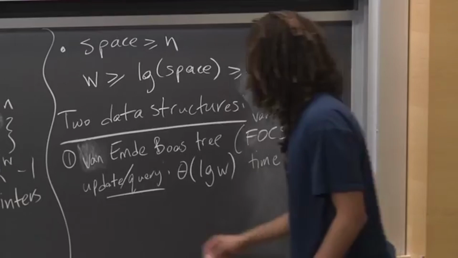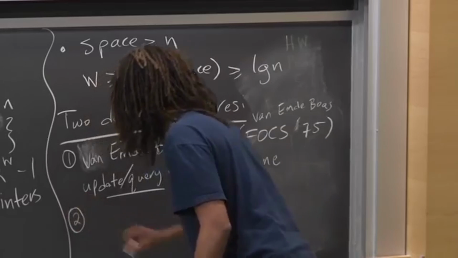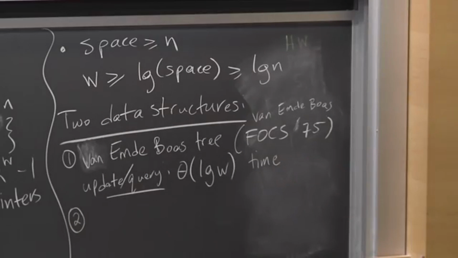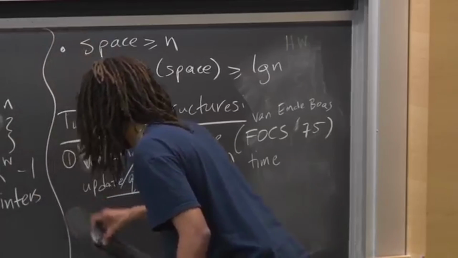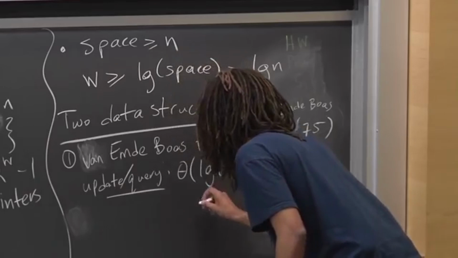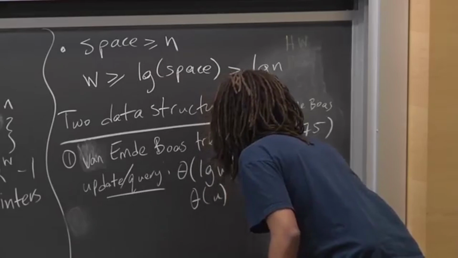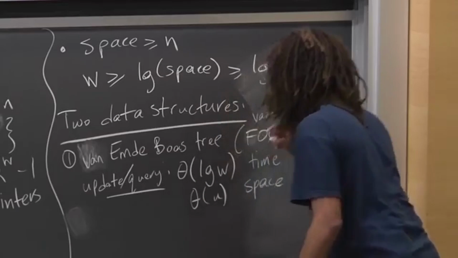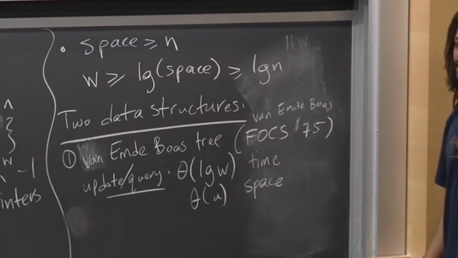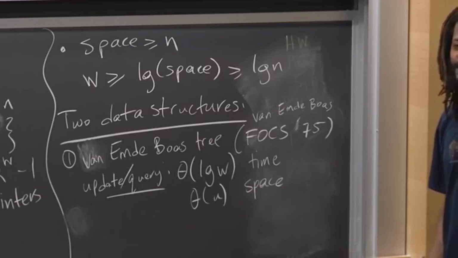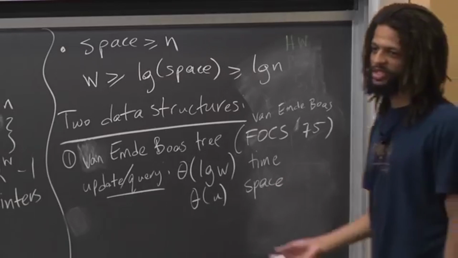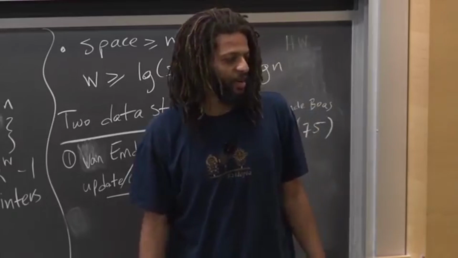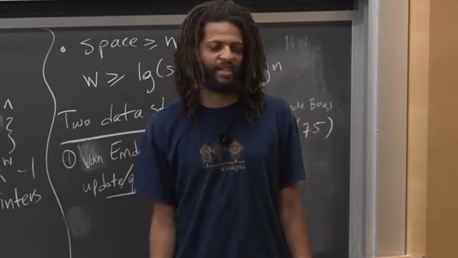The unfortunate thing, though, is that the space is going to be u. And I like linear space, independent of the universe size. Imagine if you have a 64-bit machine, u is 2 to the 64. So I don't want to use 2 to the 64 space ever.